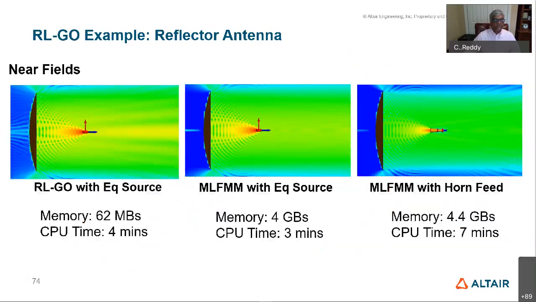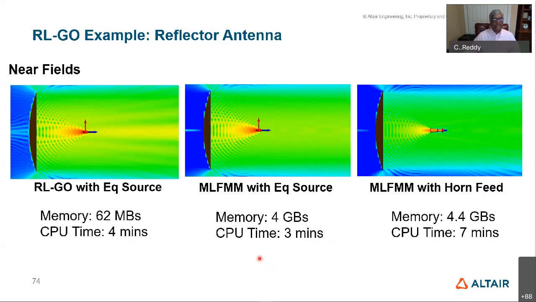If I do this with the near fields, for example, starting from the right, MLFMM with the horn feed, this is a complete solution, took 4.4 gigabytes, 7 minutes. MLFMM with equivalent source, that is with the radiation pattern, 4 gigabytes, 3 minutes. And of course, with RLGO, the same with the equivalent source, 62 megabytes compared to 4 gigabytes. Of course, it takes 4 minutes compared to 3 minutes, because it has to launch the rays and takes a little bit more time.